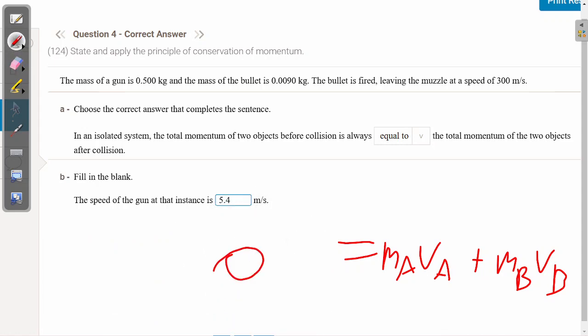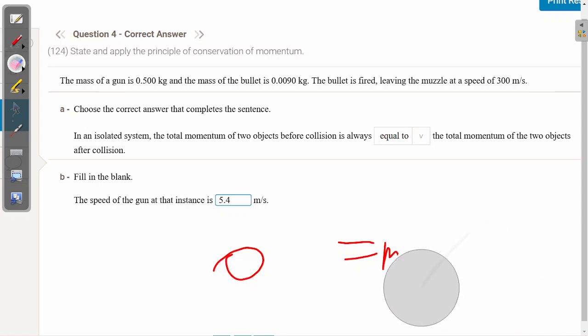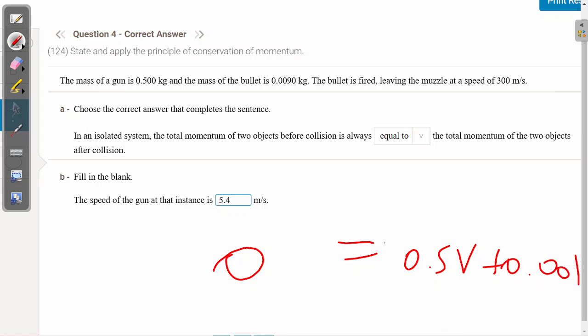Now the other part, you actually solve it. So 0.5 for the gun times the velocity we're trying to find, plus 0.009, sorry, times 300. 0.009 times 300 is 2.7.